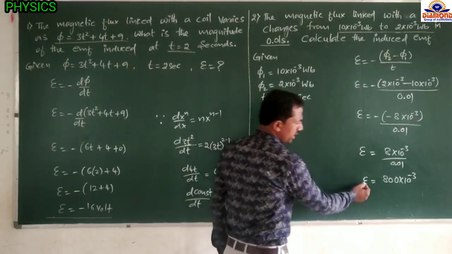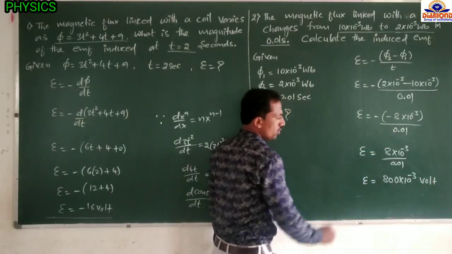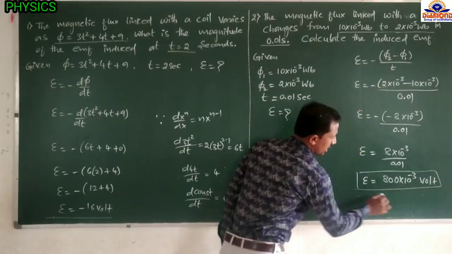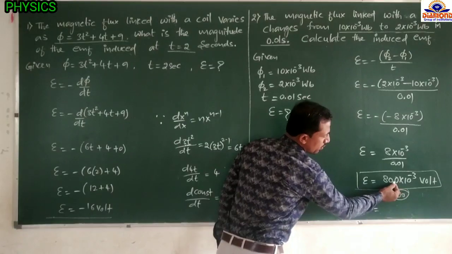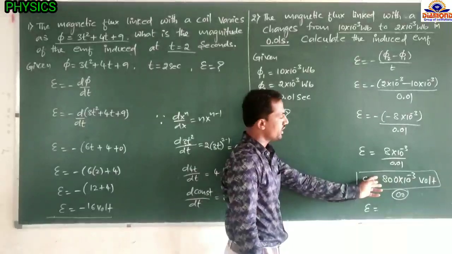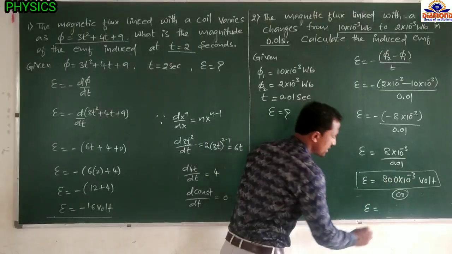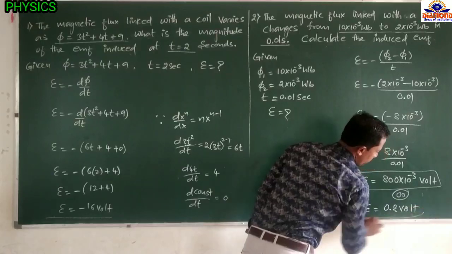EMF is measured in volt. Or also we can write: take the point backside, 1, 2, 3. 3 digits backside means positive power increases. Plus 3, plus 3 and minus 3 get cancelled. Then we can write 0.8 volt.